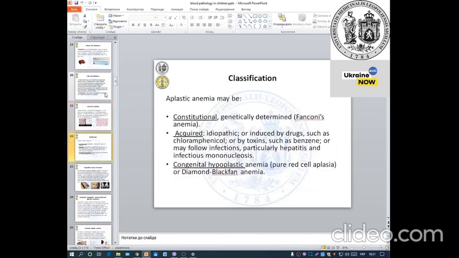Aplastic anemia is classified into constitutional, genetically determined Fanconi anemia; acquired, idiopathic or induced by drugs, toxins, infections, particularly hepatitis; and congenital hypoplastic anemia, pure red blood cell aplasia or Diamond-Blackfan anemia.